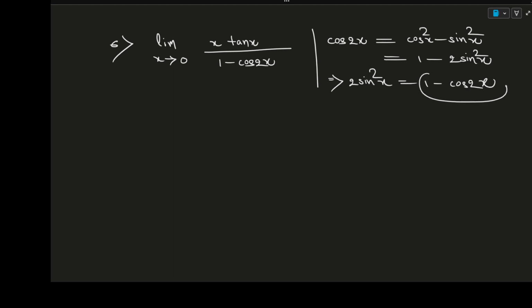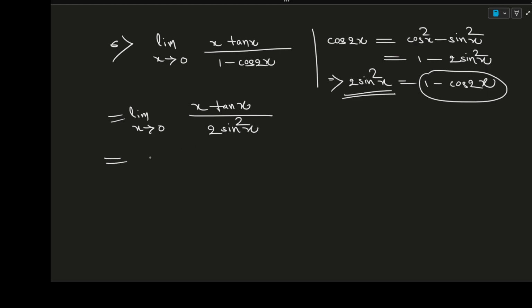So I will replace 1 minus cos 2x by 2 sin square x in the denominator of this question. So it will be 2 sin square x. So I will take 1 by 2 outside the limit.